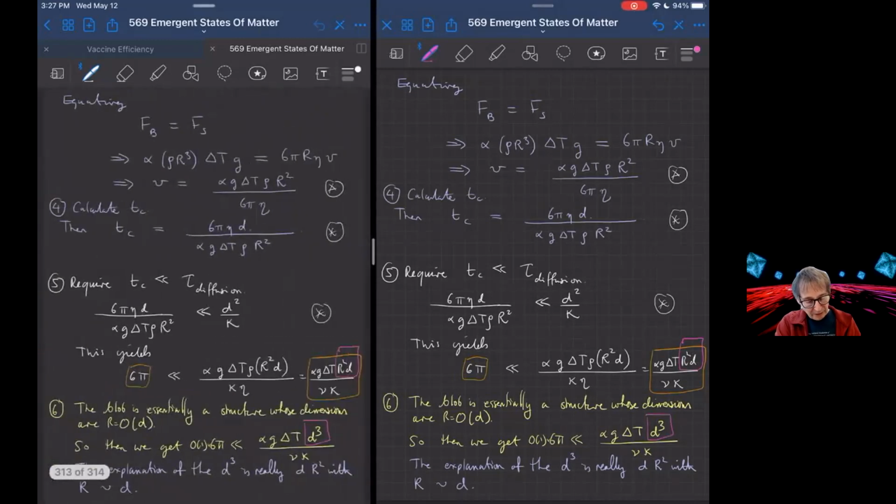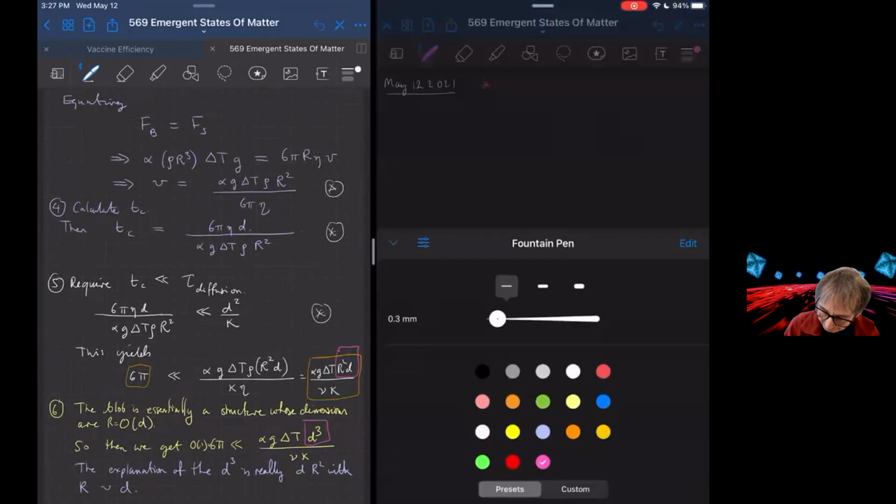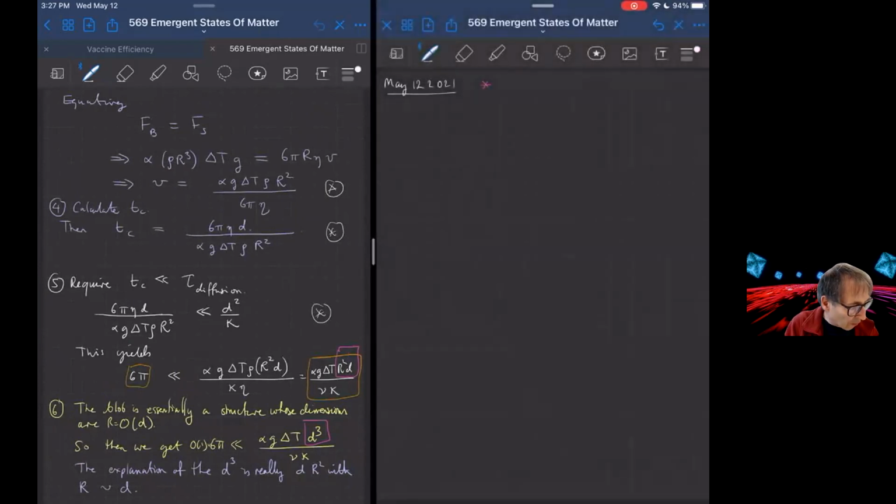Okay, so that's good. So now let's move on and try to understand something about the phase diagram of the system. And so I want to cover in this lecture the following topics. I want to talk about what's called the neutral stability curve.